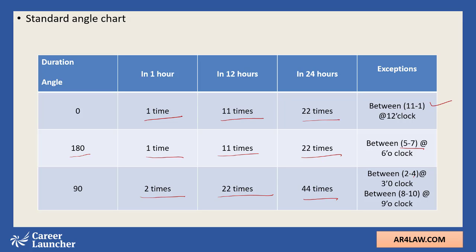Exception hours between 2 to 4 and between 8 to 10, as we have just seen a while back. So just make sure that you have this table registered in your mind, and these questions would become really easy for you.